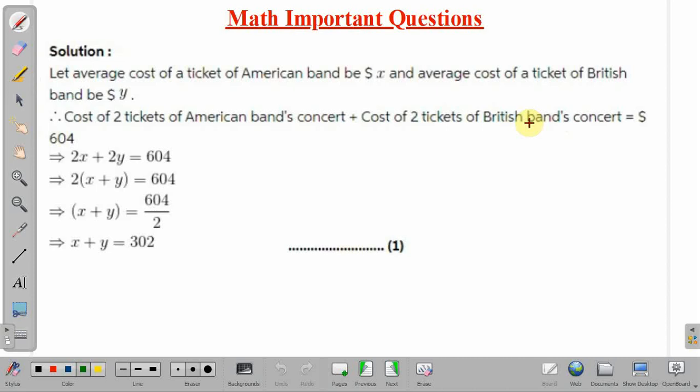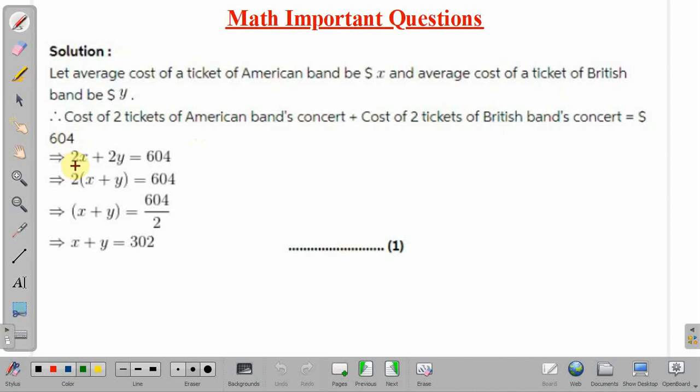So how we can solve this? See, for solving this, we have to frame linear equations. So we will assume the average cost of each ticket of American band be X dollar and average cost of each ticket of British band be Y dollar. It is given total cost of two tickets of American band and two tickets of British band equal to $604.